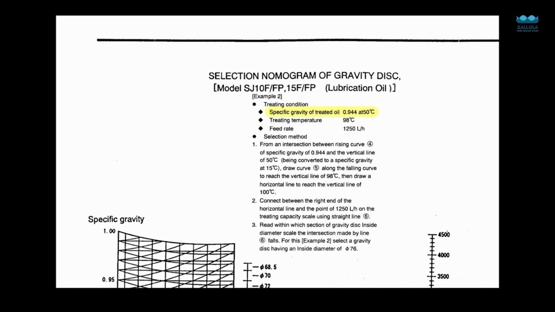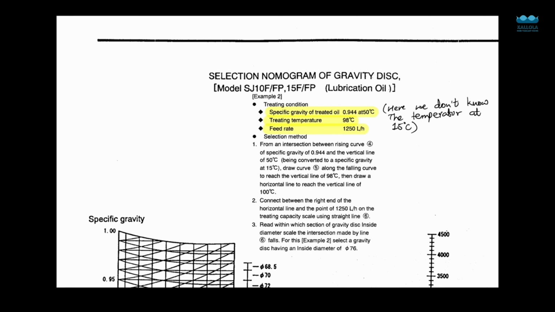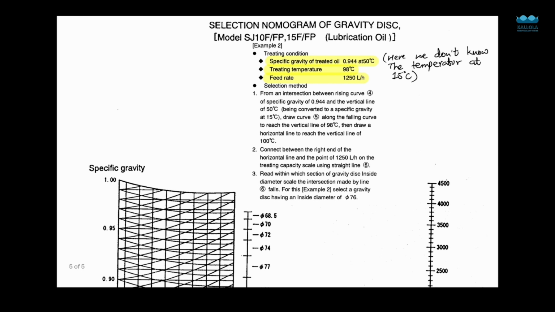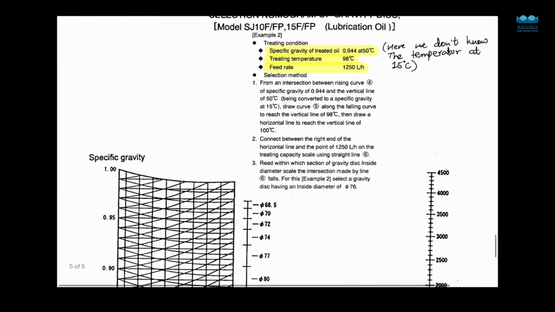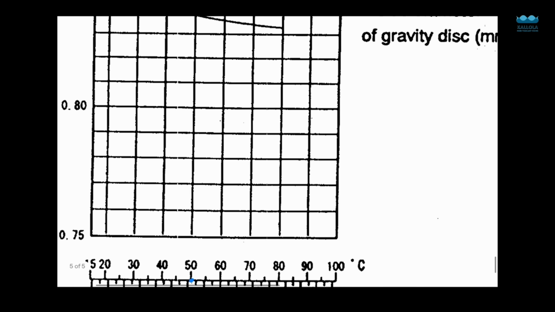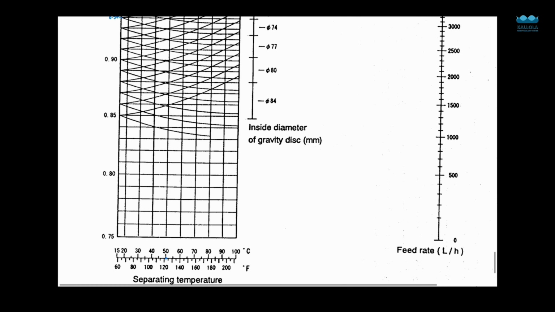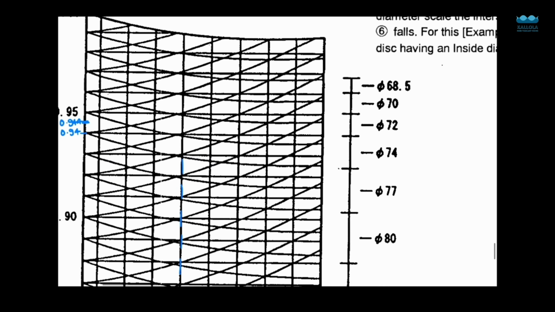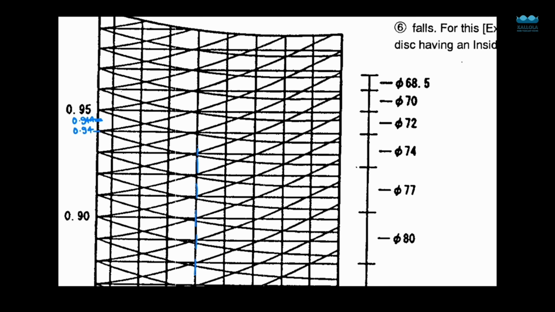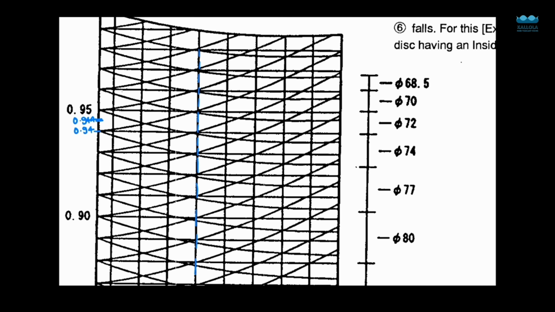Now let us move to the second example. The specific gravity will be given at a temperature other than 15 degrees Celsius. So here it is given at 50 degrees Celsius. Treating temperature is 98 degrees Celsius and feed rate is 1250 liters per hour. So now, as we are given specific gravity at 50 degrees Celsius, we will draw a perpendicular line from 50 degrees Celsius, and the rising line which will be coming from 0.944 specific gravity.